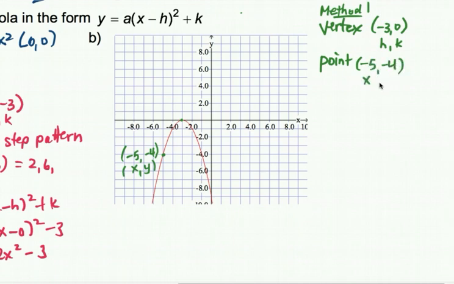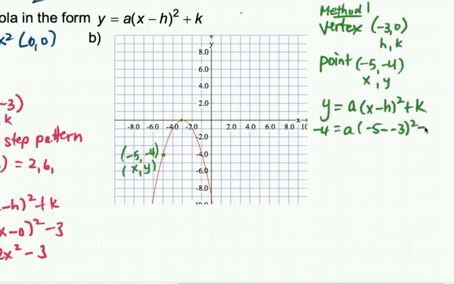Okay, and again, these are both points, but this is a special point called the vertex, so we're going to use H, K. This is just some other point, so we're going to call it X, Y and use our general equation here to find the last thing that's missing, which is A. Okay, so plug it in: -4, A we don't know, H is -3, and K is 0.